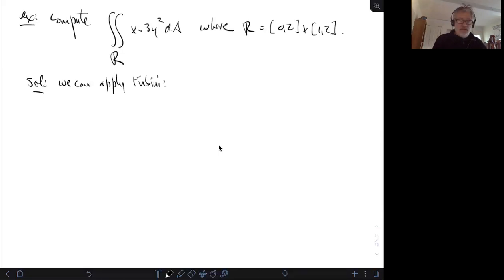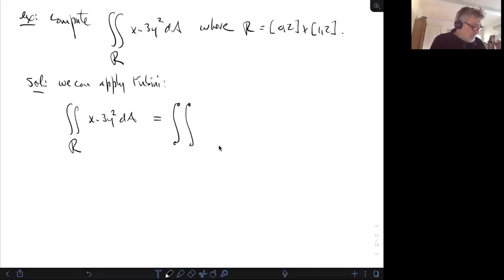It means that this can be computed with iterated integrals. So this double integral, this nasty limit of a double sum, is actually the same as either way. But you have to be careful how you write it.